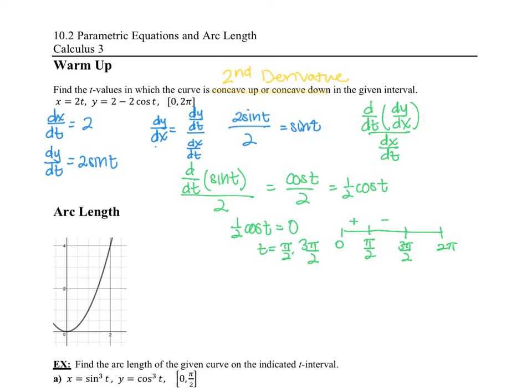And then from 3 pi over 2 to 2 pi, the values are positive once again. So our function is concave up on the interval from 0 to pi over 2 and 3 pi over 2 to 2 pi, and concave down from pi over 2 to 3 pi over 2. Hopefully you did okay on that one.